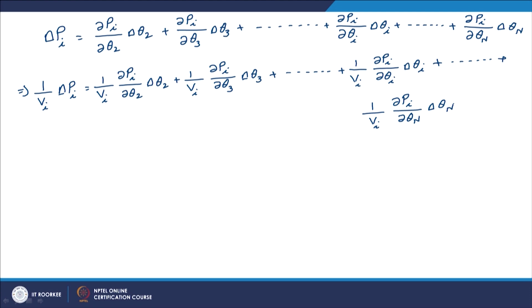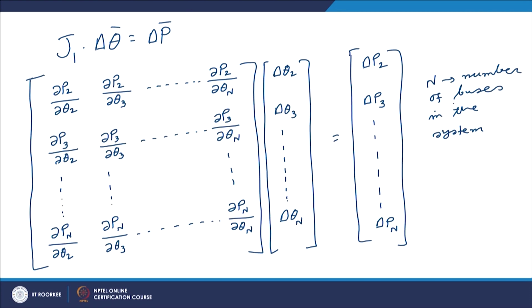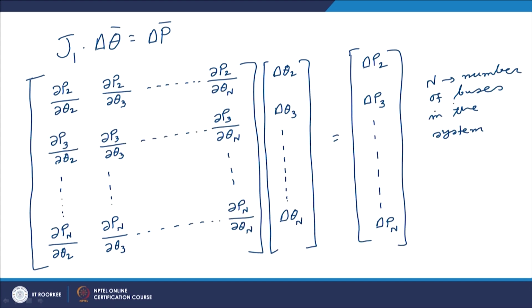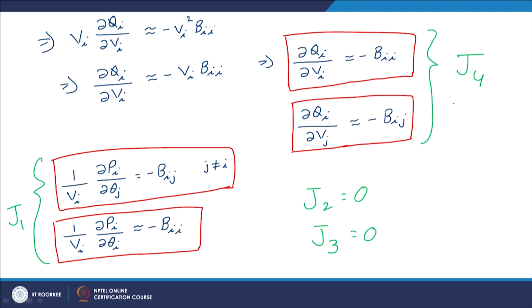Now, in this equation we substitute these relations. 1 by Vi del Pi by del theta j, where j is not equal to i, is equal to minus Bij, and also we have that 1 by Vi into del Pi by del theta i is equal to minus Bii.